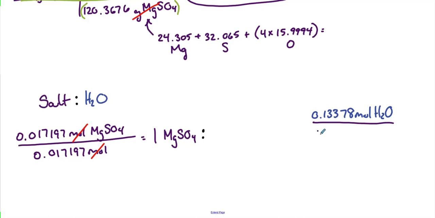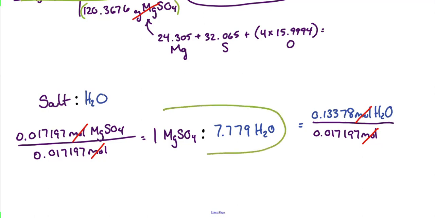So if we take 0.13378 moles of water and divide by 0.017197 moles, leave the salt off, moles will cancel, and it will tell you that we have 7.779 water molecules for every 1 formula unit of magnesium sulfate.